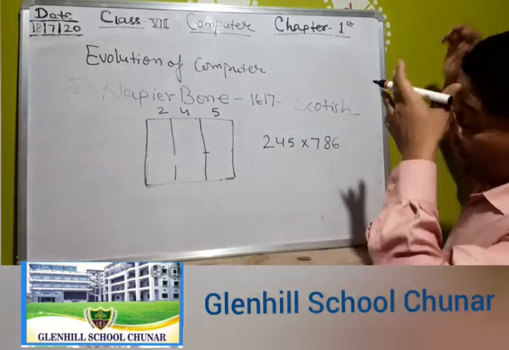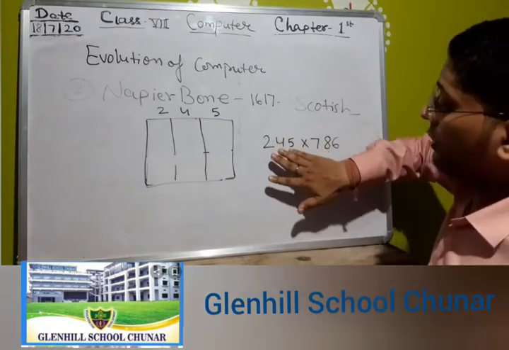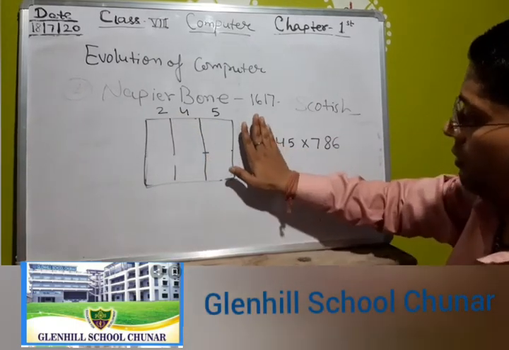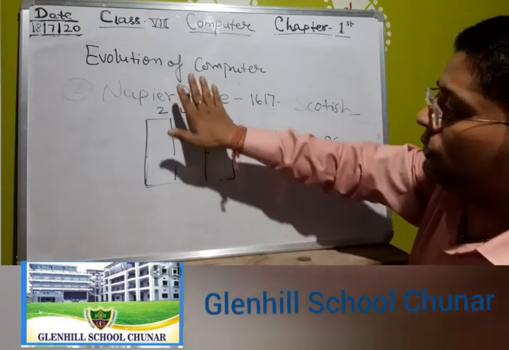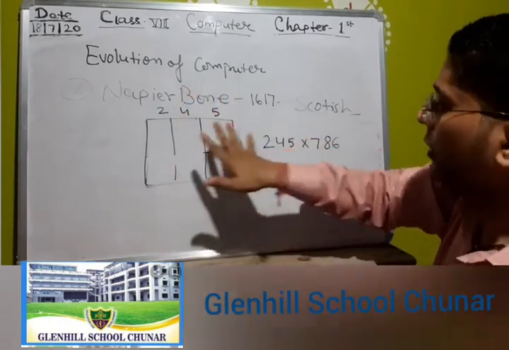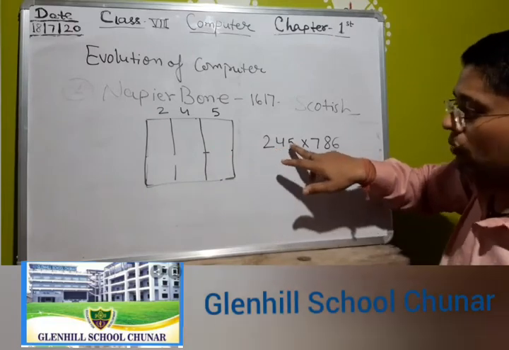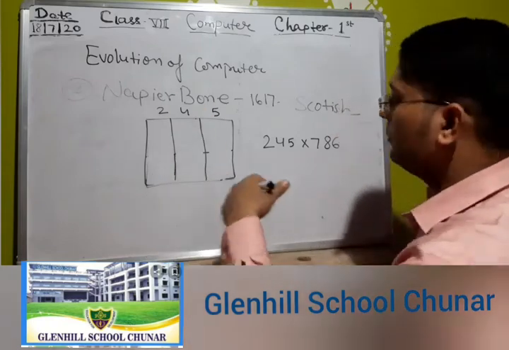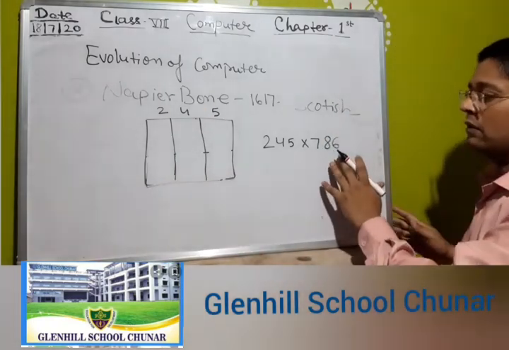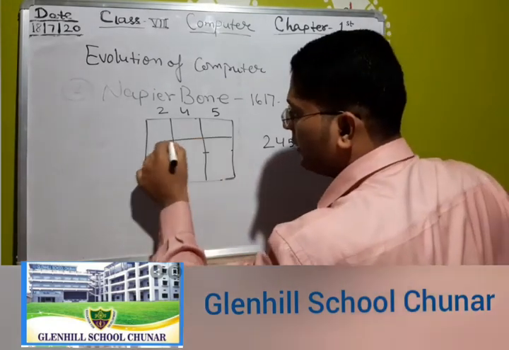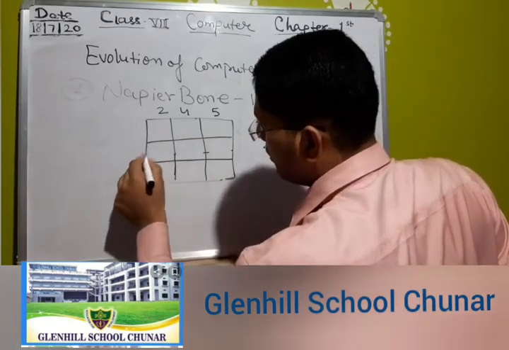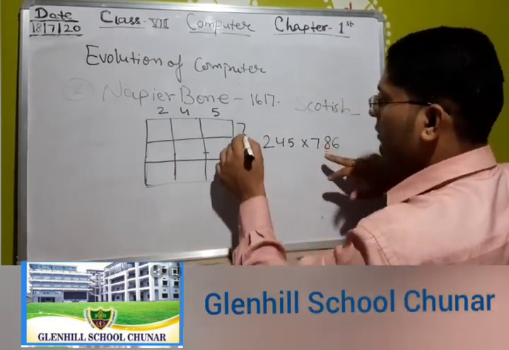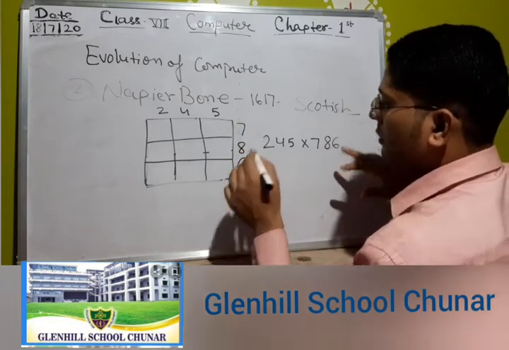Suppose your number here is 3, so I make that 3 columns, 2 4 and 5. Suppose here 4, only 2 numbers, so you make only 2 rows, 2 columns. Okay, 4 and 5, but here 2 4 5 is 3 numbers, so I make 3 columns, and here the 3 numbers 7 8 6.